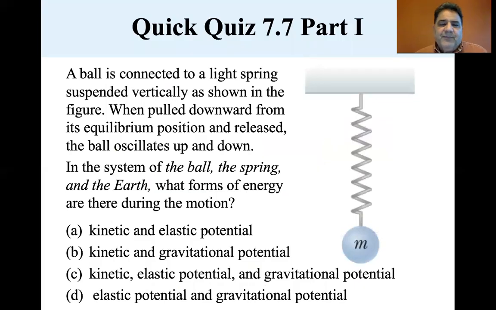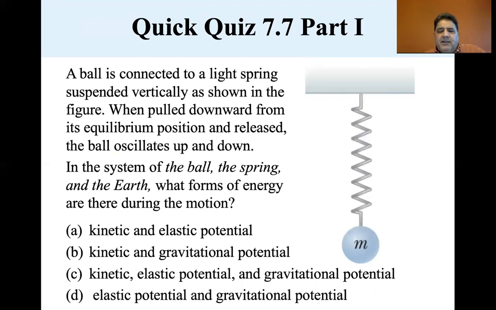Okay, let's look. A ball is connected to a light spring suspended vertically, as shown in the figure. When pulled downward from its equilibrium position and released, the ball oscillates up and down. In the system of the ball, the spring, and the earth, what forms of energy are there during the motion? Well, as it's moving, if there is motion, it's certainly kinetic energy.